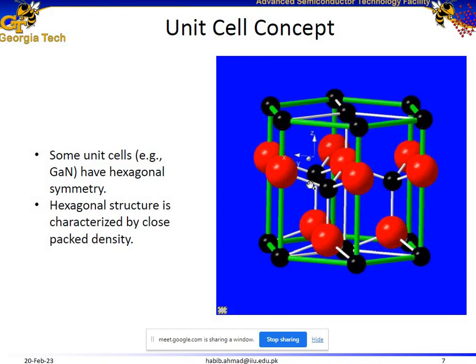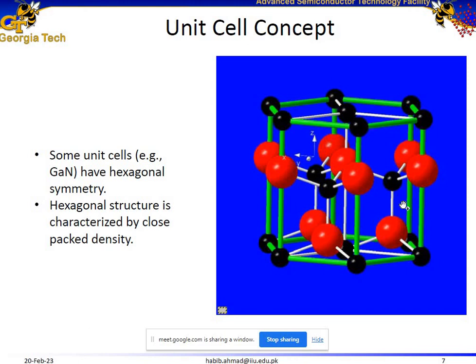Another kind of structure is called the hexagonal crystal structure, and it's called hexagonal because you can look at the crystal structure from the top, and you can see there are 6 faces. Looking at it from the top, it has 6 faces, so because of that it's called hexagonal crystal structure.